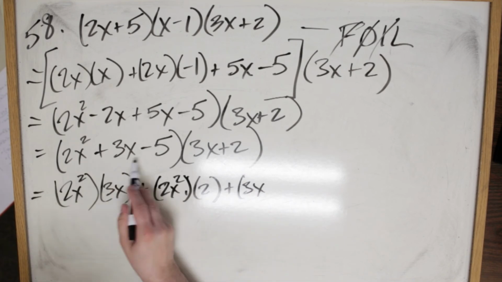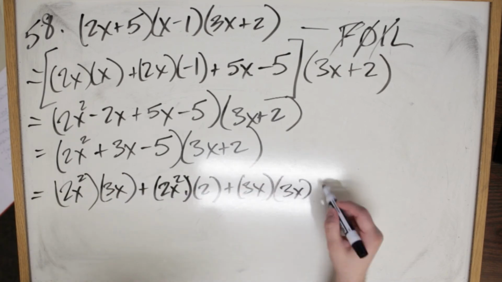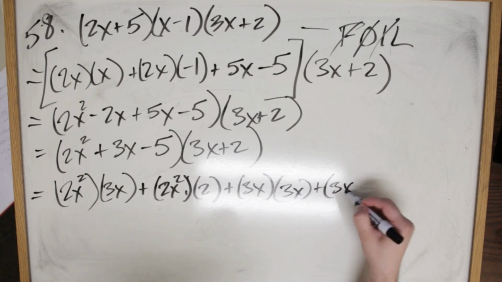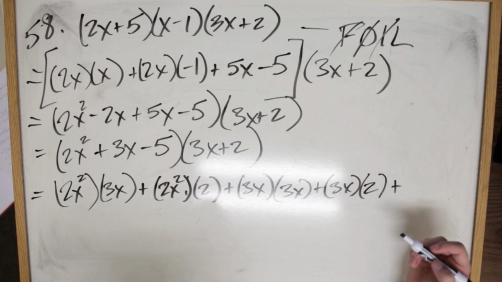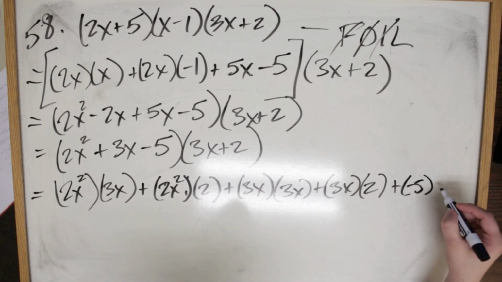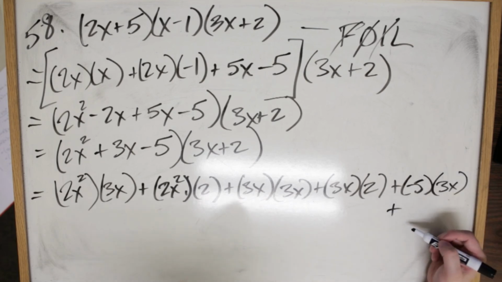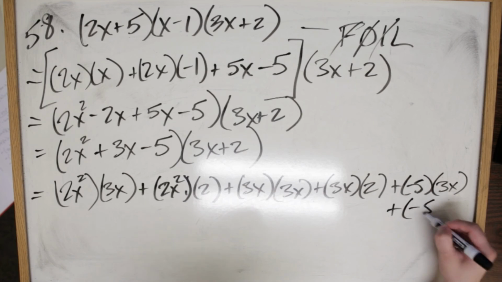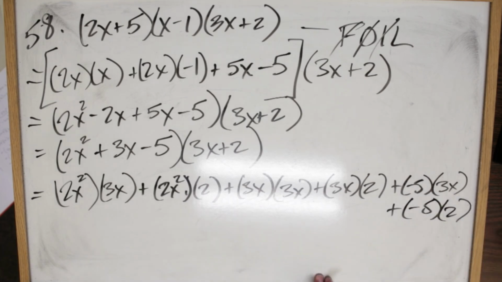Now we're jumping to the second piece. 3x times this guy, 3x, plus 3x times 2, plus, I'm going to run out of space. I'm not happy. Plus minus 5 times 3x, plus, just pretend this is on the same line, minus 5 times positive 2. Okay, lots of stuff there.